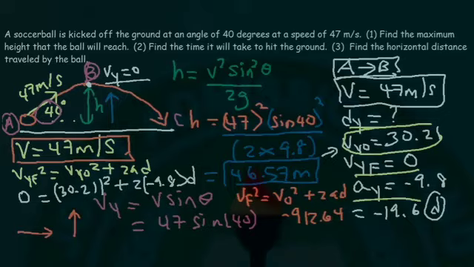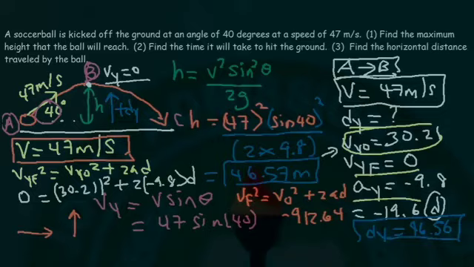So thus, the vertical displacement is positive. dy is positive. From B to C, dy would be negative. So negative 912.64 divided by negative 19.6. So vertical displacement, you would get 46.56.